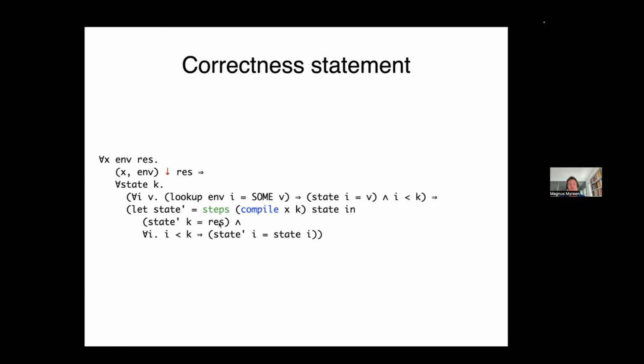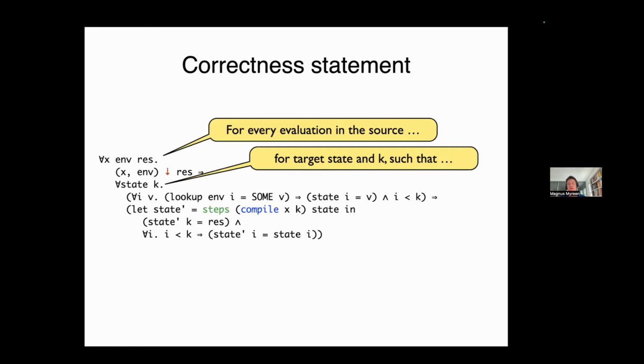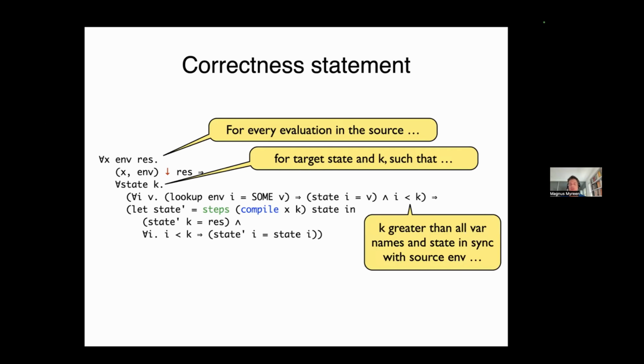So the code that compile produced, when you execute it, produces the same result as the operational semantics, the source semantics. The target semantics has produced res in k, and that matches the source semantics. So let's see, I have some for every evaluation of the source, for target state and k such that, okay, yeah.